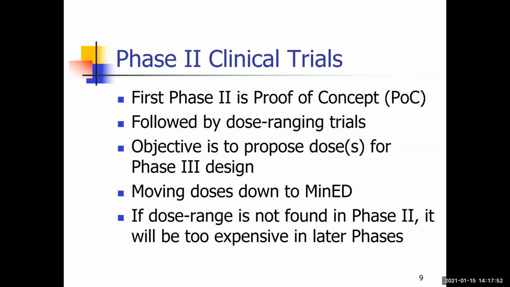Now, the phase 1 and phase 2, the major difference, of course, being the experiment unit. I mean, healthy volunteer versus patients with the target disease. The way you look at phase 2 is that this is the first opportunity we get to study the drug efficacy. All right.